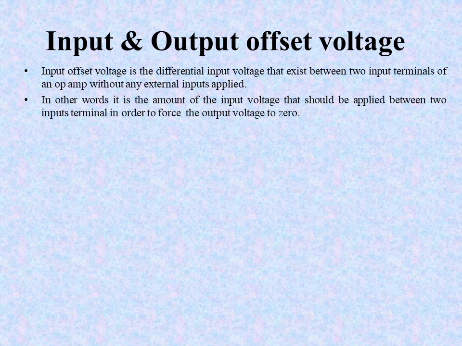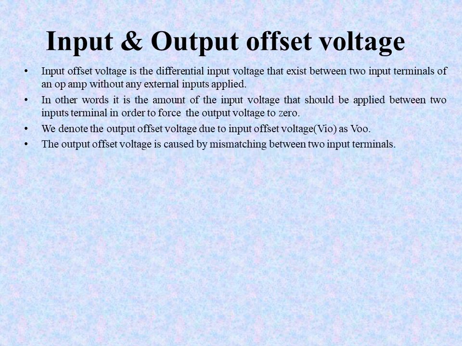This additional applied input signal that makes the output 0 is the input offset voltage. We denote output offset voltage by VOO and input offset voltage by VIO.